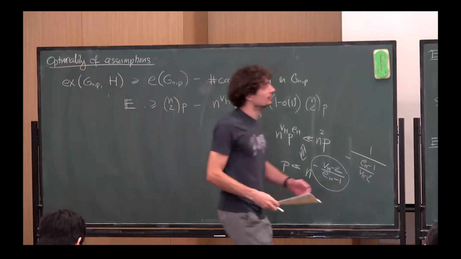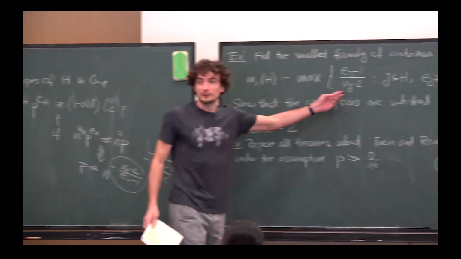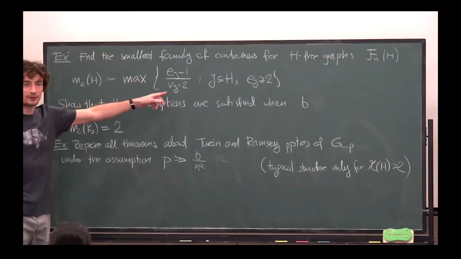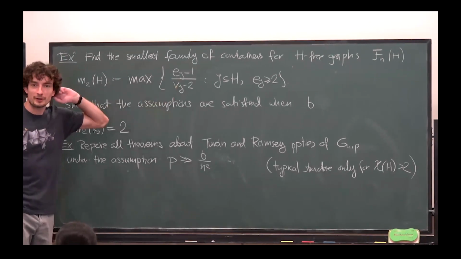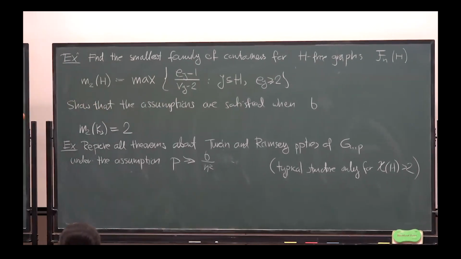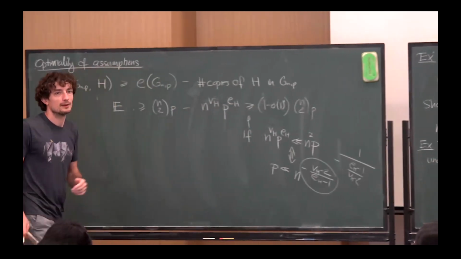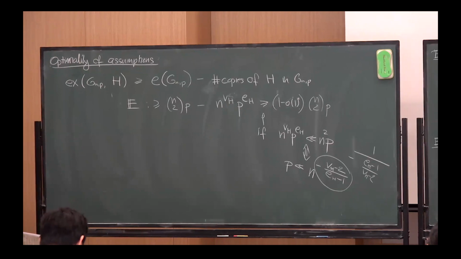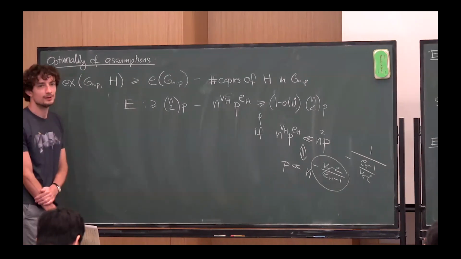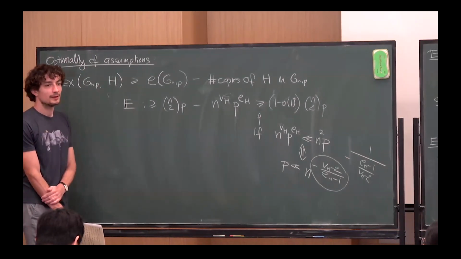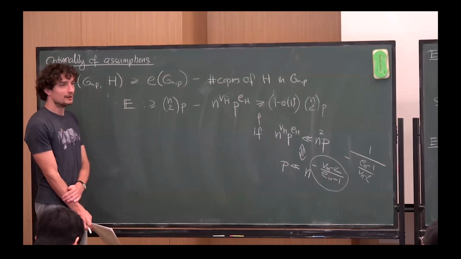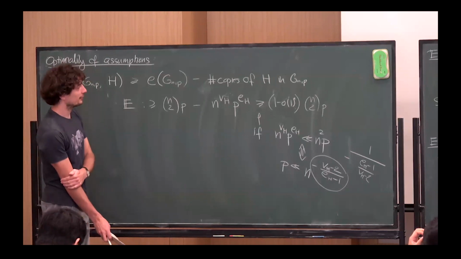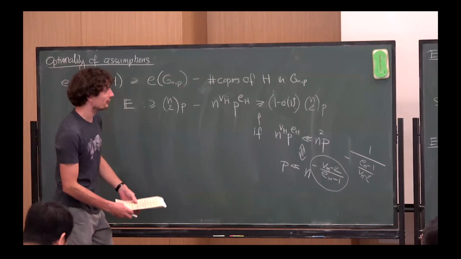Great. So where does this maximum come from? Maybe it would be enough to just assume EH minus 1 divided by VH minus 2. Well, the maximum comes from the following rather silly observation.